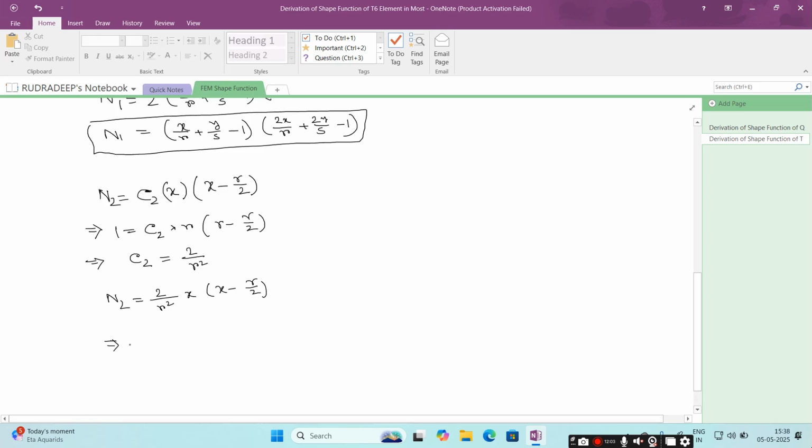So it would be n2 equal to 2 into x by r into... let's take the 2 inside. So it would be x by r into 2x by r minus 1.